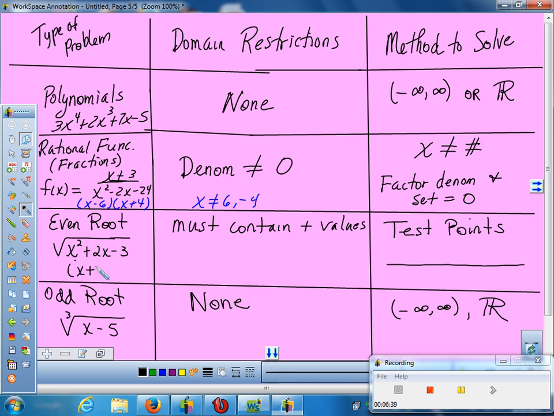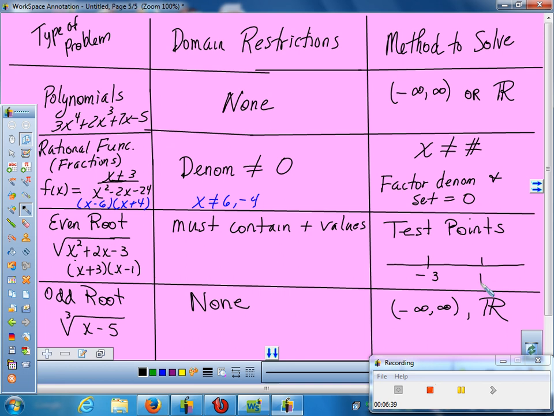You factor it. This factors as plus 3 and minus 1. Where does each of those equal 0? Negative 3 and positive 1. So those are the numbers you put on your number line. Then this is where you test points. You pick a number somewhere below negative 3.